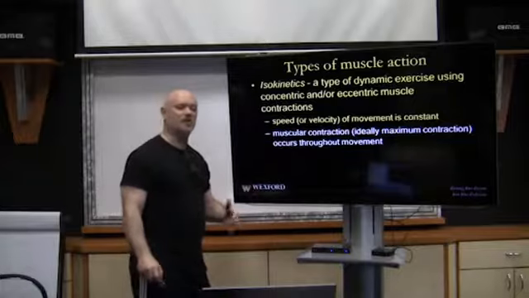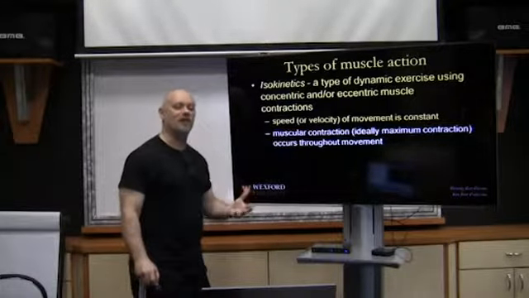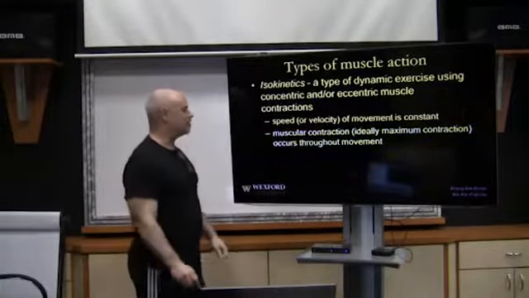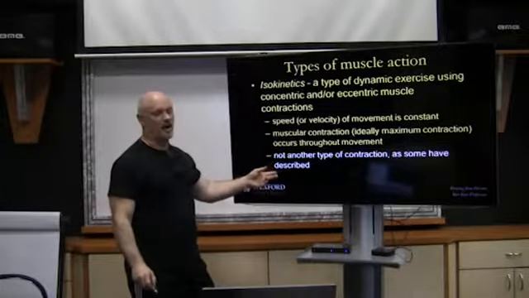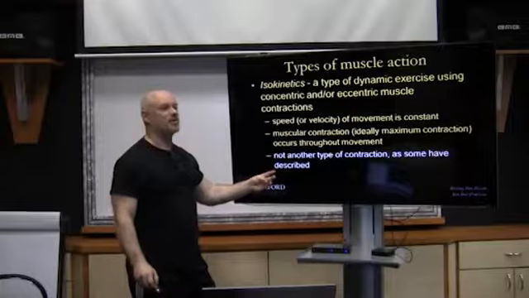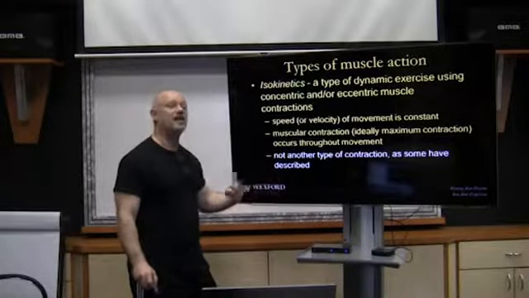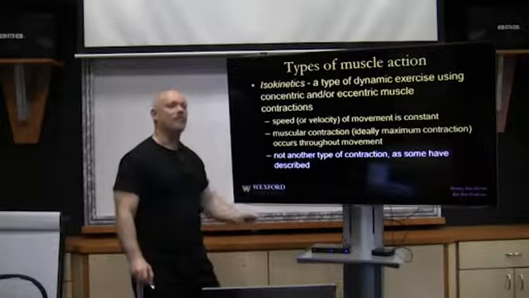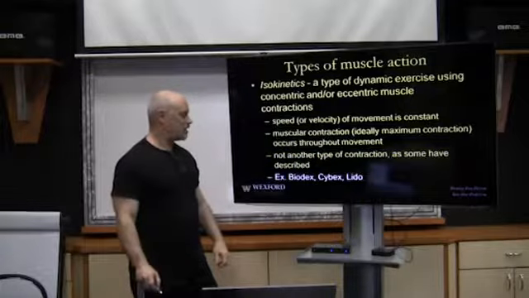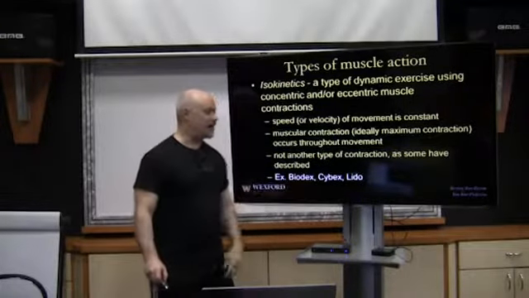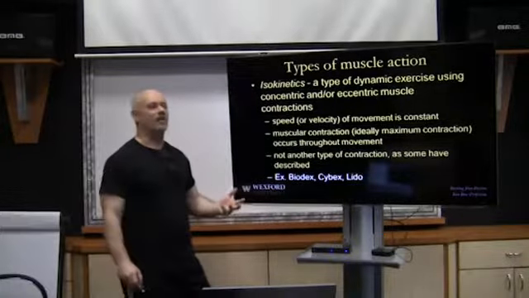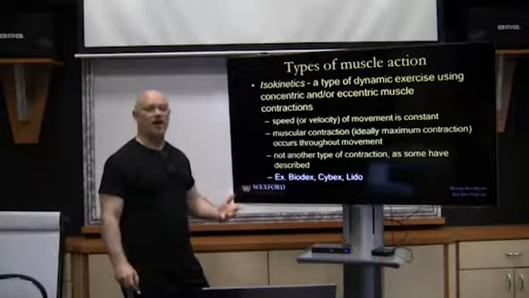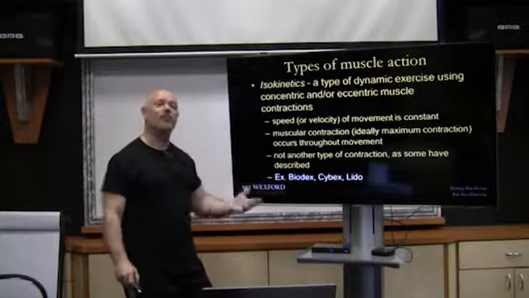What they're trying to look at is how much force you develop at a controlled speed. It's not another type of contraction as some have described. It's just trying to see how much force you can produce in a particular type of muscle action. Biodex, Cybex, and Lido make these specific types of machines. They use them a lot in physical therapy and athletic training for rehabilitation.